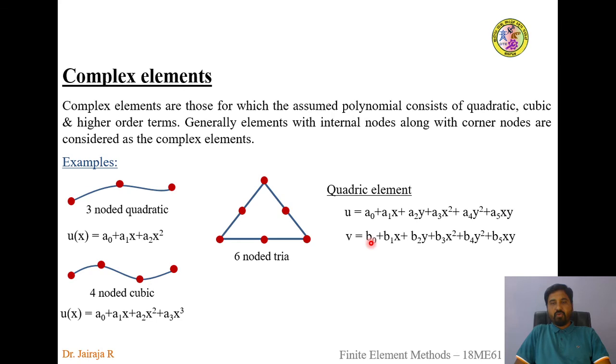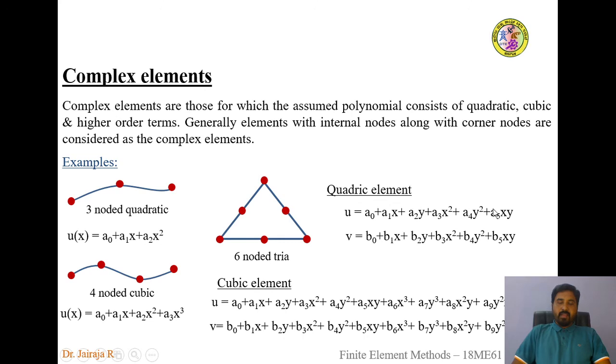Similarly, v is equal to b0 plus b1x plus b2y plus b3x square plus b4y square plus b5xy. If the same triangular element contains 10 nodes, a 10-noded triangular element, a cubic polynomial can be represented like this.